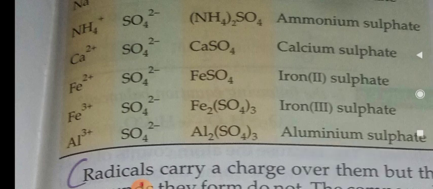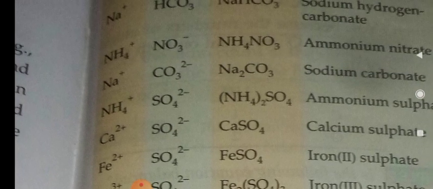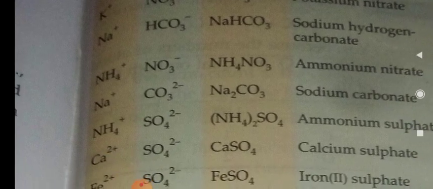We understood this, children? In a compound containing radicals, the positive and negative radicals must be present in such numbers as to cancel the opposite charges. So the charges should cancel each other. That is how we have derived the compounds so far.